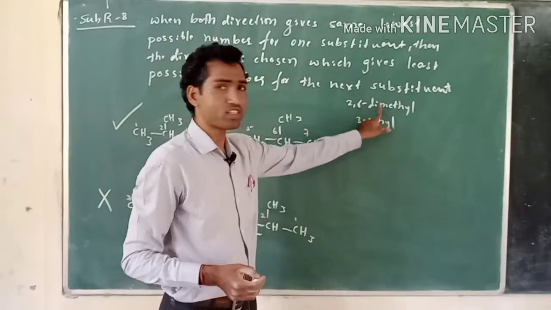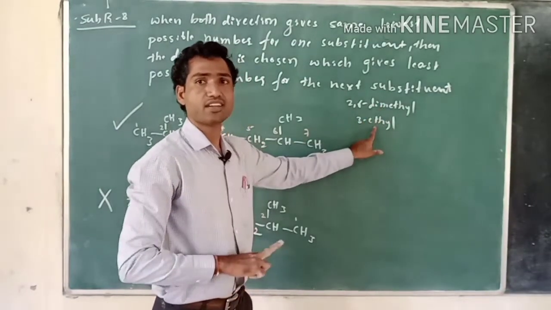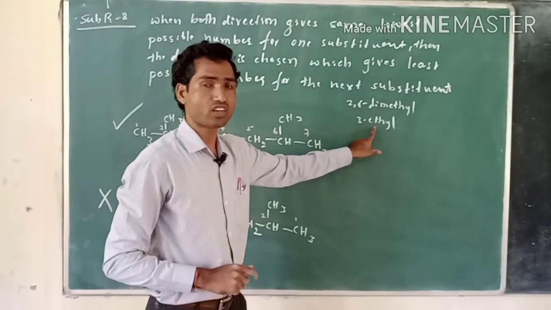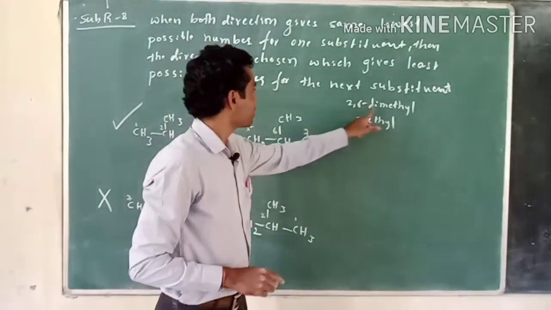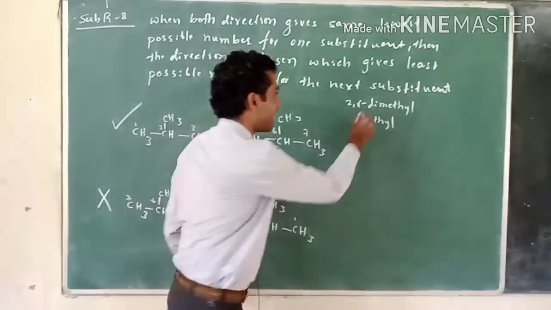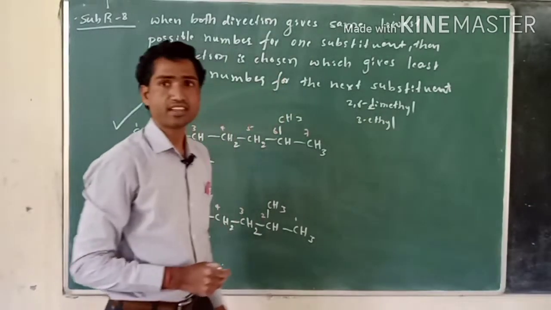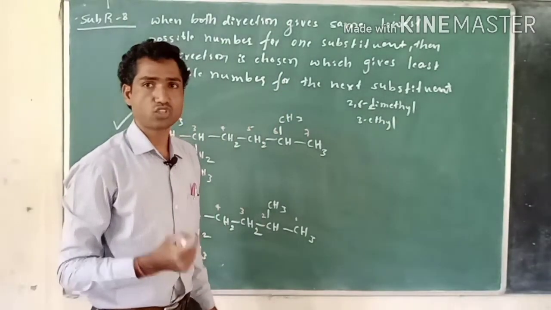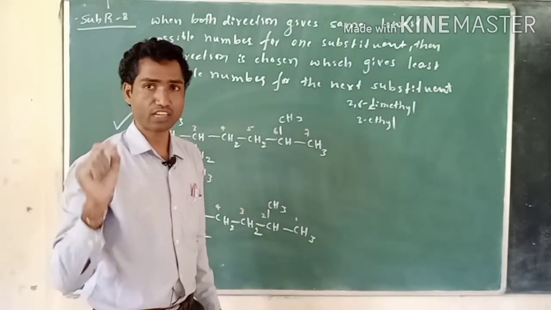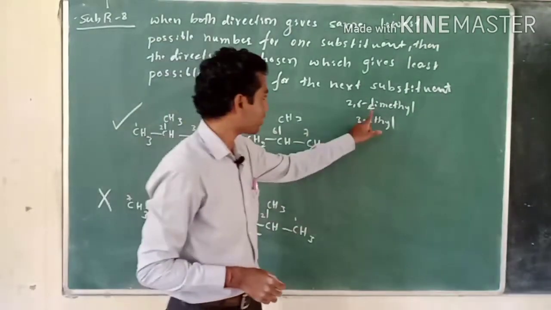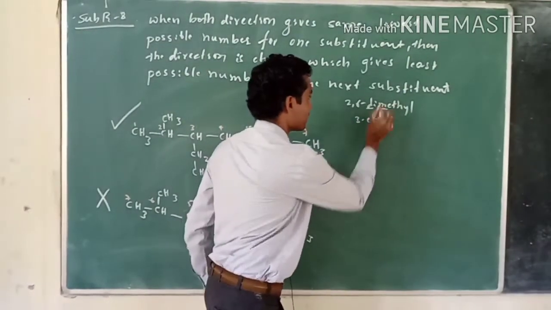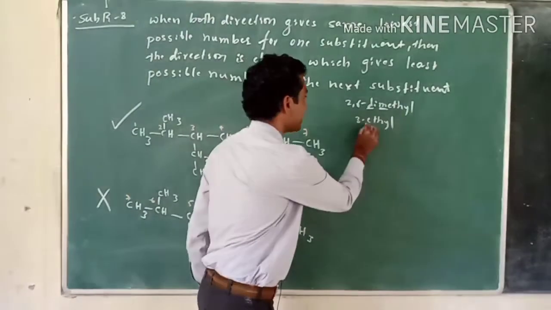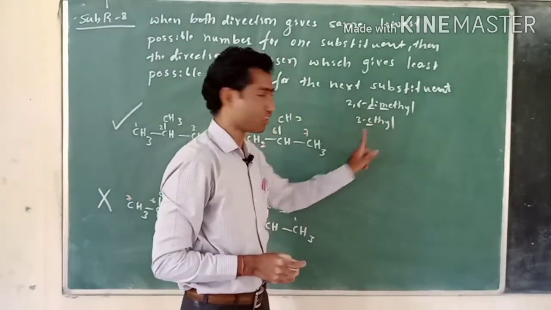If there are more than one substituents, then list the substituents in alphabetical order while writing the prefix. So we know that di, tri, tetra should not be considered in alphabetizing the substituents. Therefore, M is the first letter of this substituent, E is the first letter of this substituent. Then what is the name?